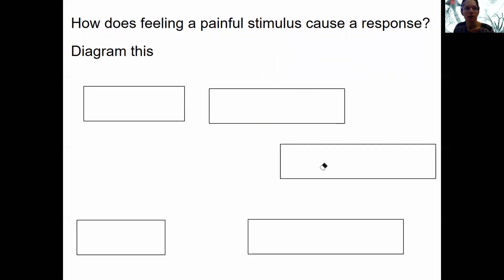There are 5 boxes here that should look a little familiar. These are the same 5 components as the feedback loops you've been drawing, but instead of feeding back, it's just a stimulus and response. So how does a painful stimulus cause a response? If you need a hint, here are those 5 components. Try to fill these in.